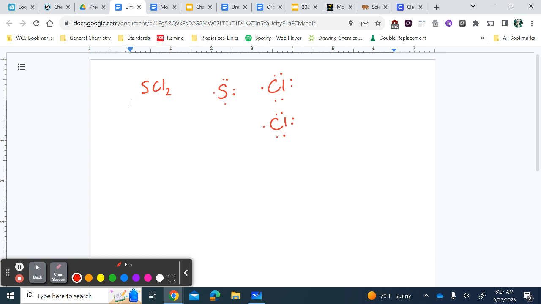Because sulfur has more unpaired electrons, it will be our central atom, and we are going to connect our dots here and here. If we redraw this molecule, we have sulfur connected to chlorine, connected to chlorine, and this sulfur still has 2 lone pairs around it.